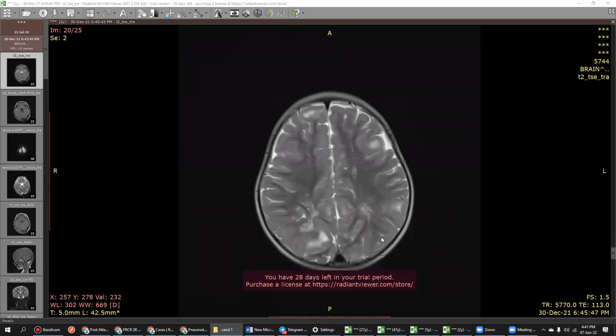So on this image, I'm thinking about possible subependymal lesions, which include tuberous sclerosis with cortical tubers and subependymal hematomas. So I need to confirm these findings on FLAIR and then post-contrast if possible.